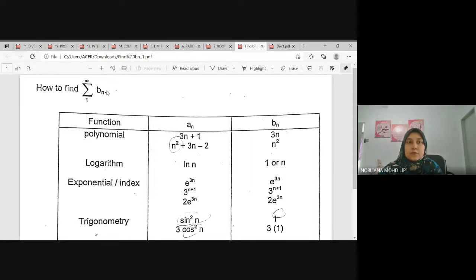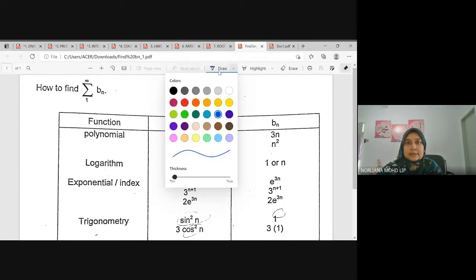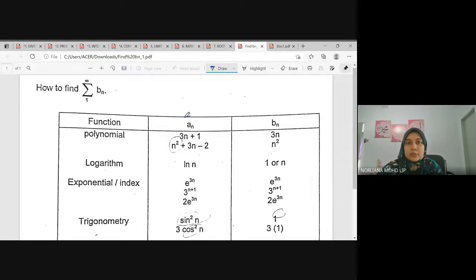Okay, so we find the series of bn from an. Kita tengok daripada an, nilai an. Soalan yang diberi an. Ni daripada soalan. So yang ni yang perlu cari ni.